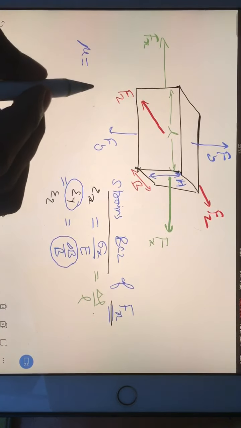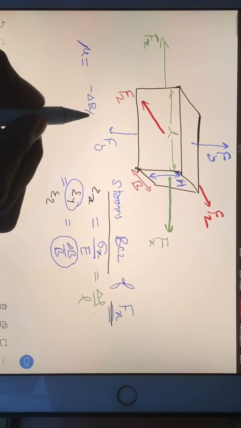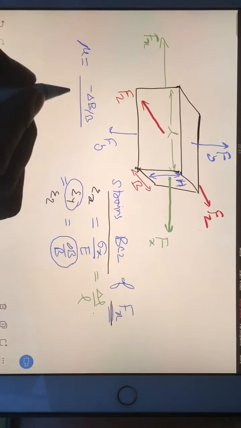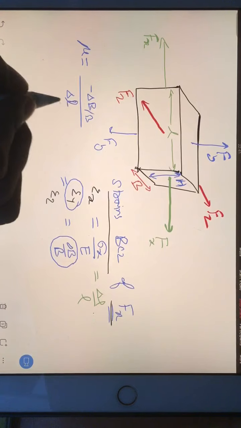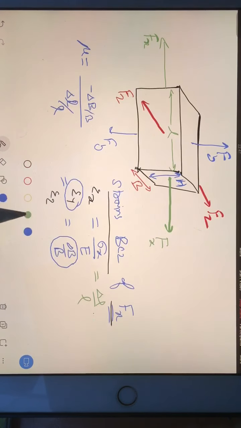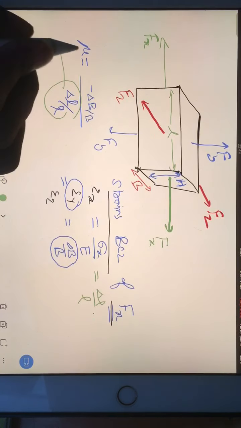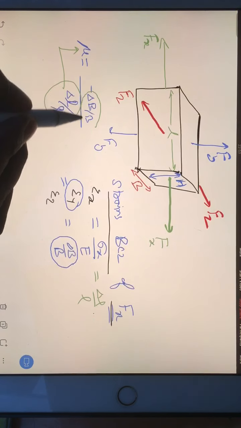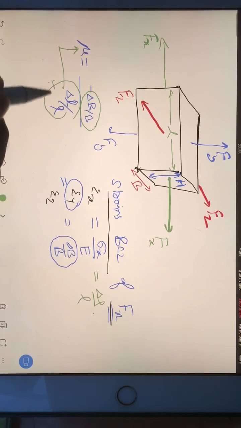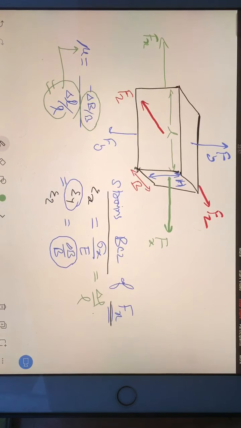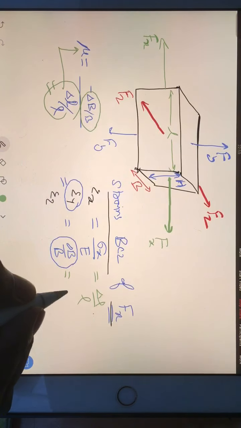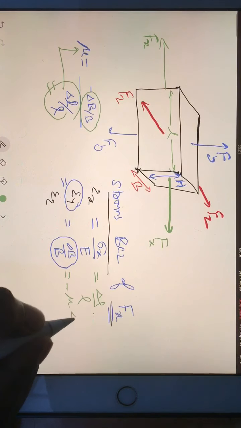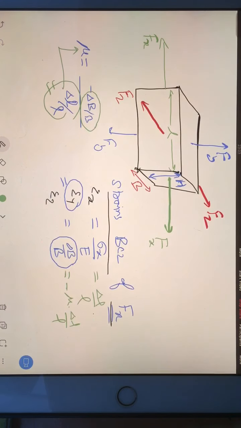Mu is equal to minus del B by B divided by del L by L, correct? So this part I can multiply here. It means del B by B I can find in terms of longitudinal strain. This I can write as minus mu times del L by L, correct?